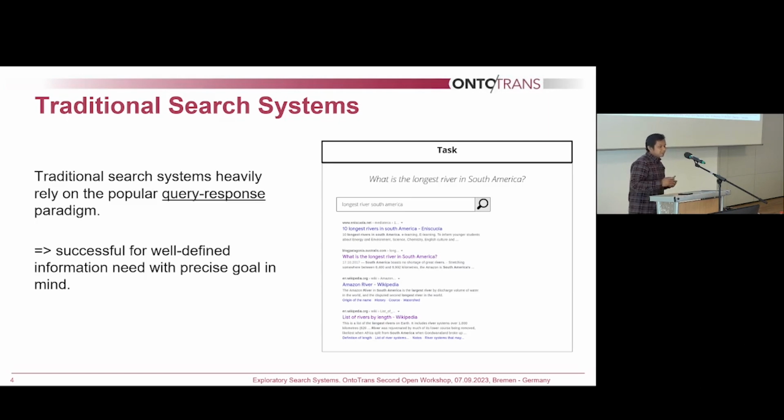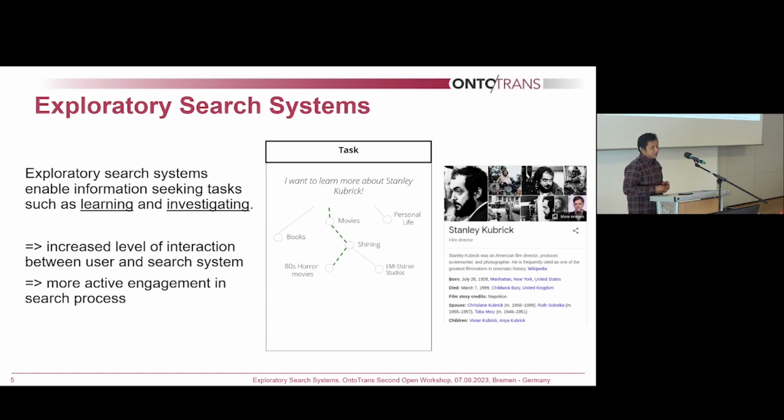But it's not always the case. There are also times where you want to be able to explore data that you have. You don't really have a specific goal in mind, but you want to explore in a way to learn something or to investigate something. In this case, the interaction between the user and the system is more dynamic.